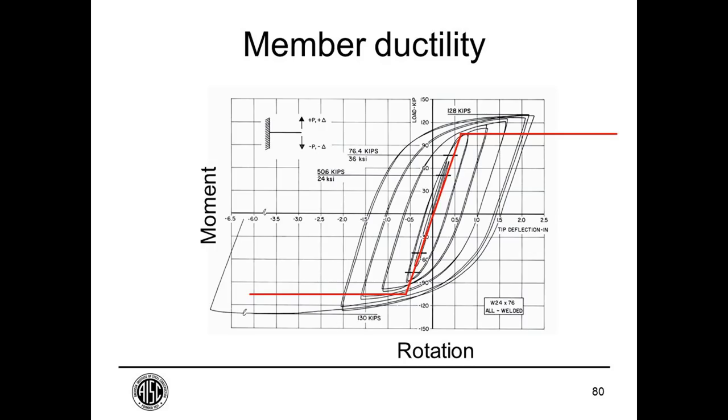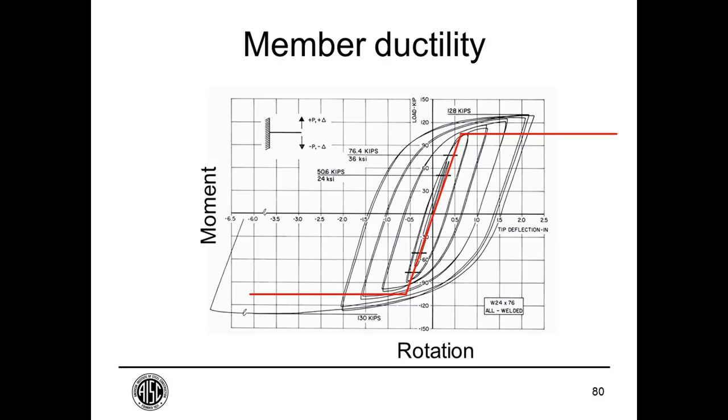Now other systems, and I think we'll show this when we talk about braced frames, involve buckling of a brace on the compression side. It reaches a peak force, and at just a little bit more displacement beyond that, it tends to reduce its force, sometimes dramatically. If it's a very slender brace or an intermediate brace, it can lose a lot of strength in just a little bit of drift.